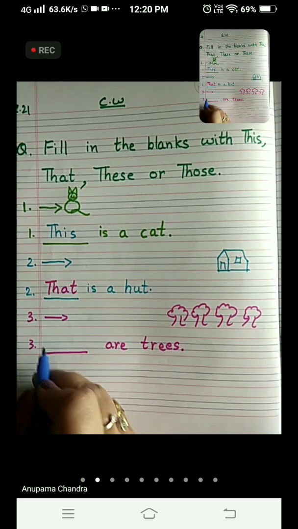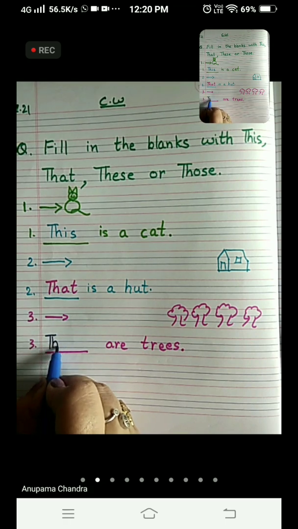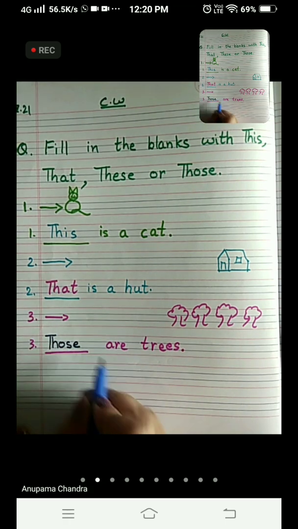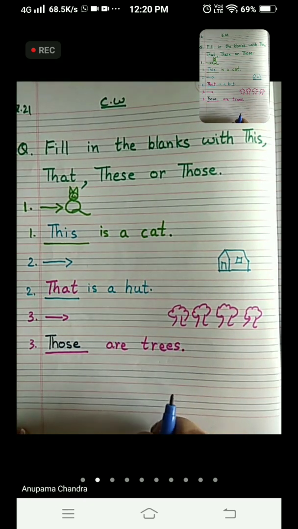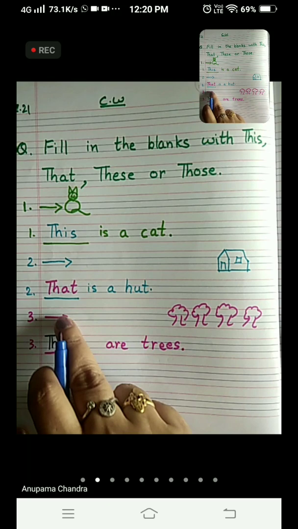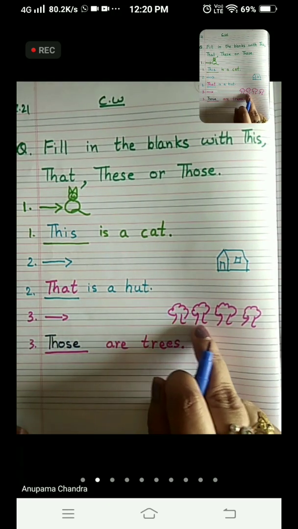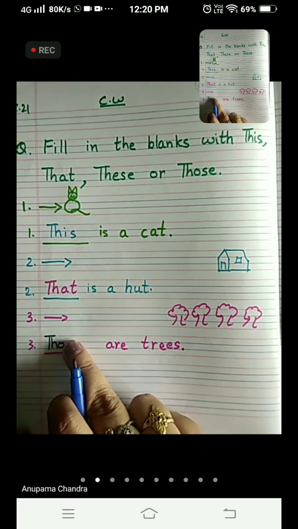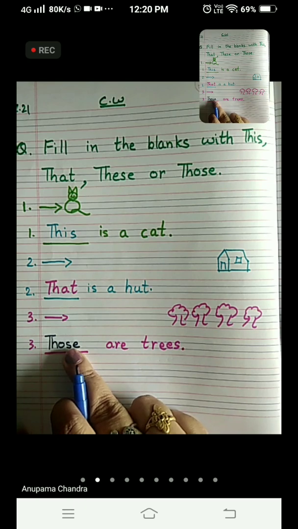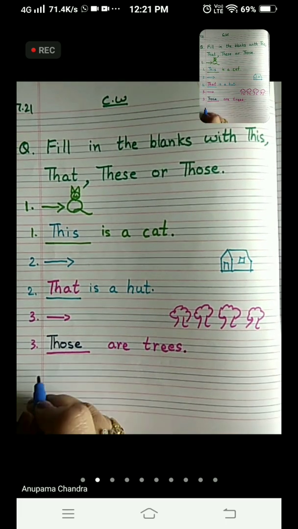So children, the answer is those. T-H-O-S-E. Those are trees. Why are we using those? Because the trees are far away and it is more than 1 in number. So we use those when the trees are more than 1, and it is far away. So we have written here those.